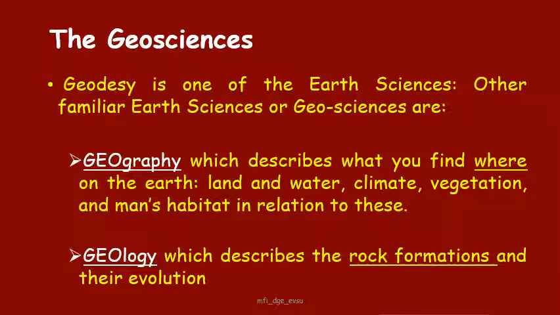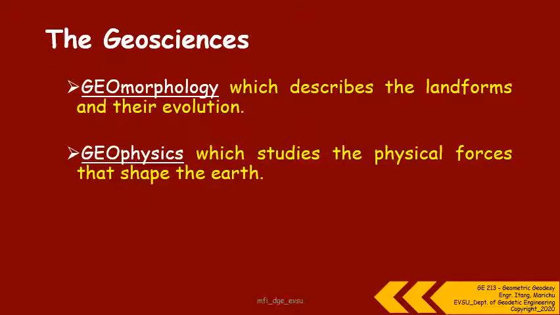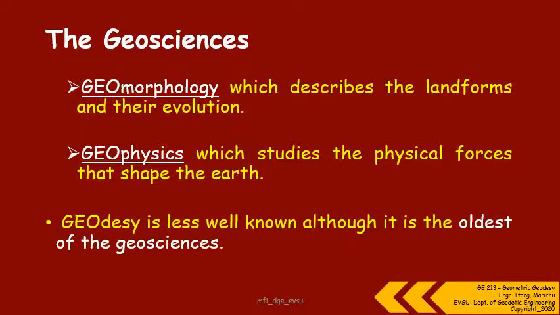For example, its formation is caused by the gravity field, compressing or extending our earth crust or the rock formations. Here, geomorphology describes the landforms and their evolution. We have geophysics, which studies the physical forces that shape the earth, which greatly resembles physical geodesy.